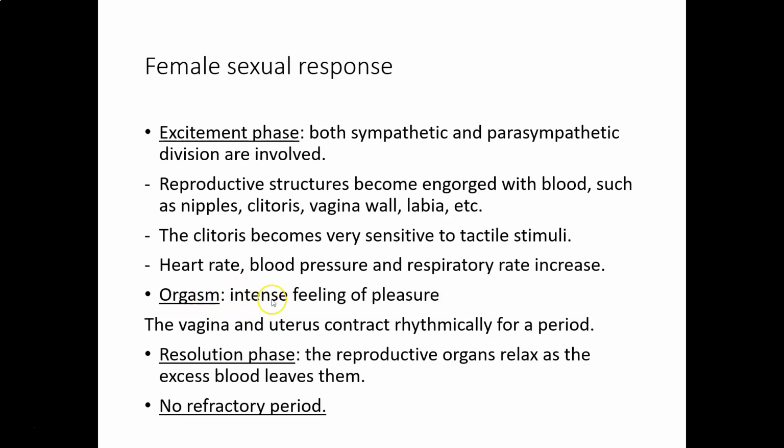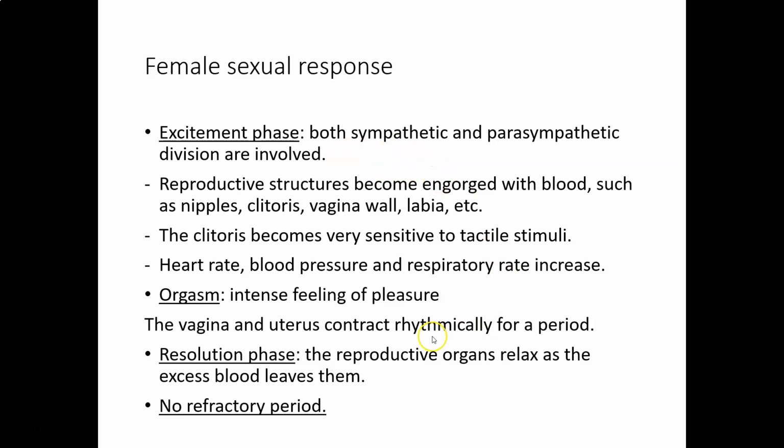Orgasm is this intense feeling of pleasure, and the hallmark of orgasm is the vagina and uterus contraction. It's rhythmic, and of course it's not something you can voluntarily control; it's controlled by the autonomic nervous system.